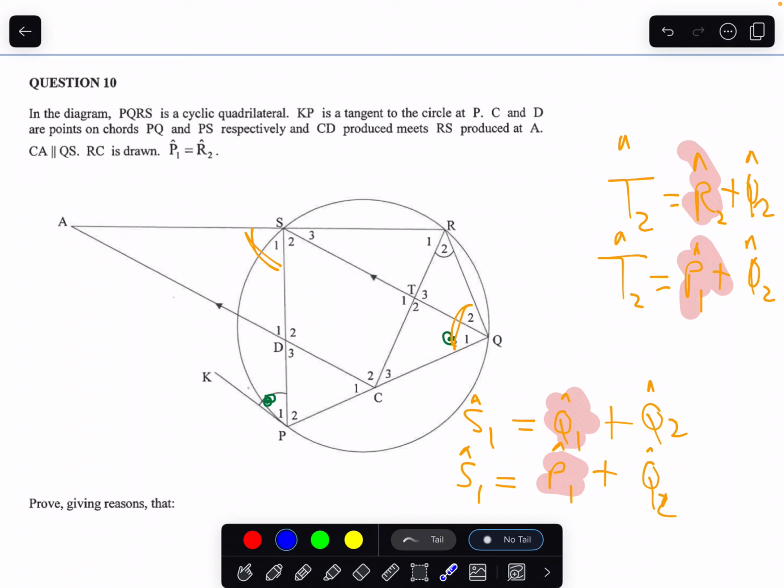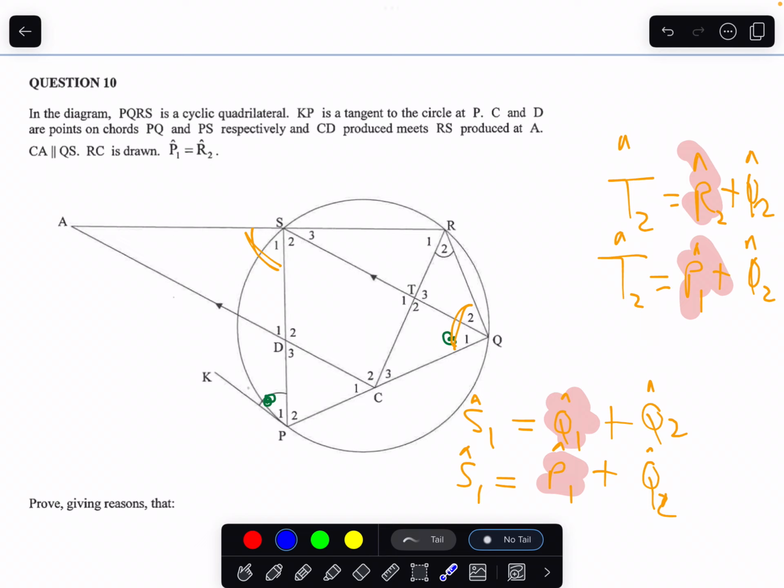I worked out many intermediary angles, but yeah, this is cool. So just to go over it again without assistance from the memo, these two are equal. This is equal to that. So S1 is the same as this plus Q2.